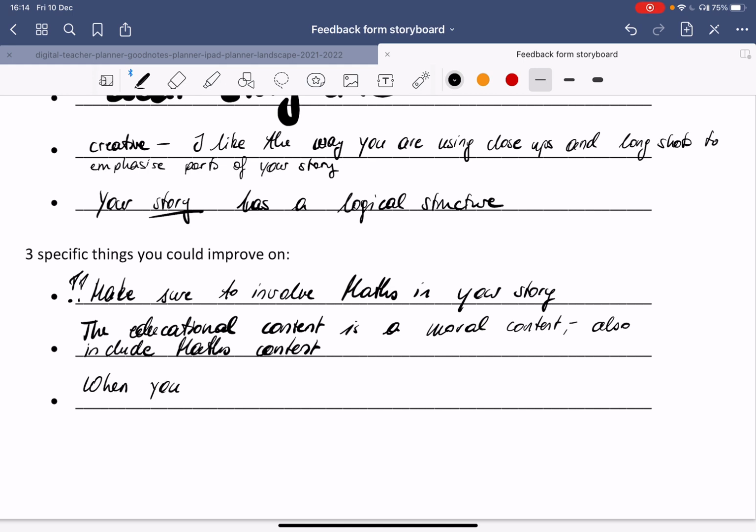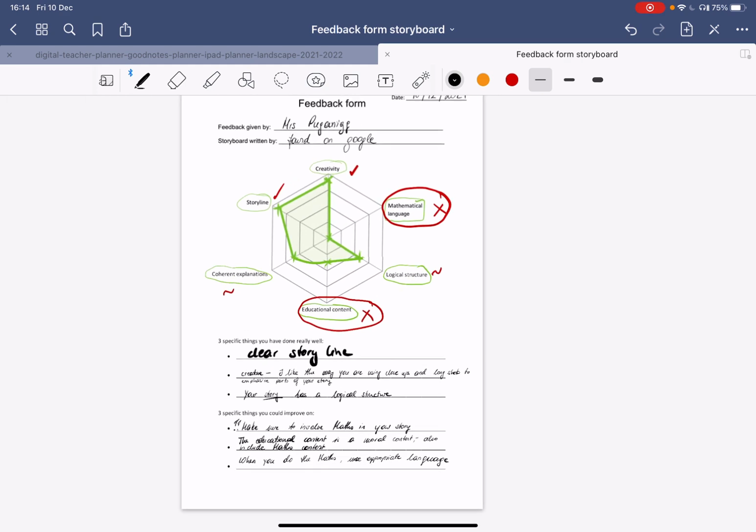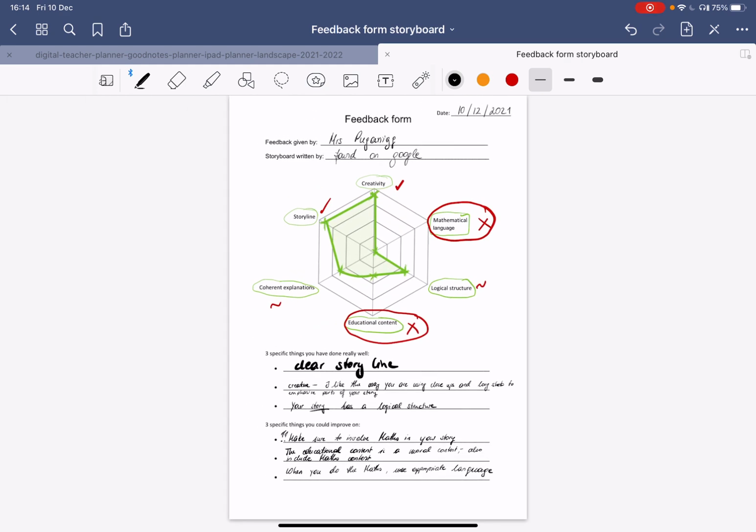When you do the math, use appropriate language. And that's done. That's the feedback the person would get from me.